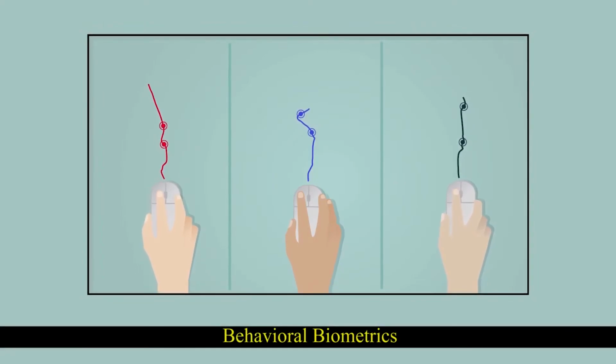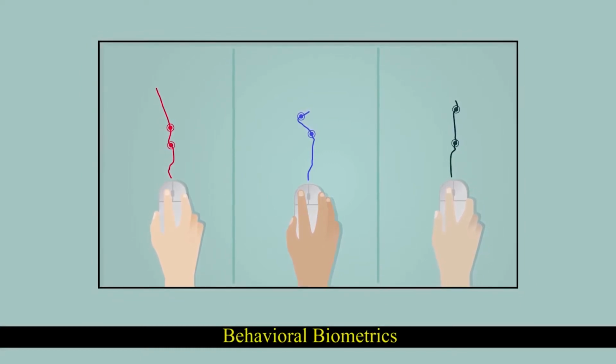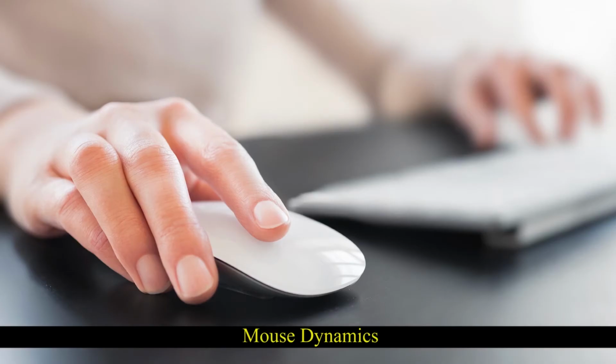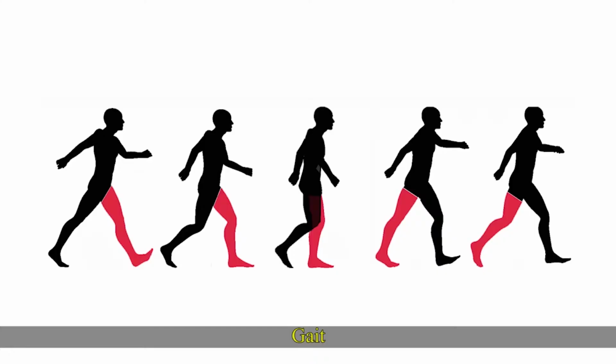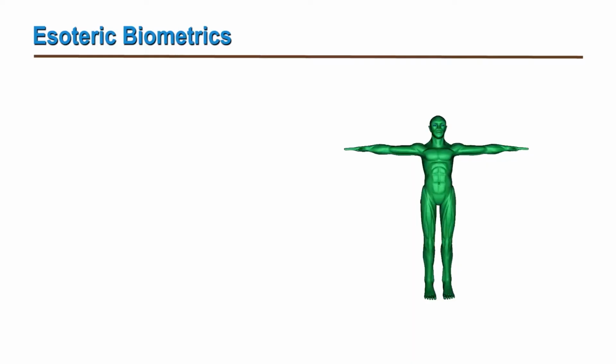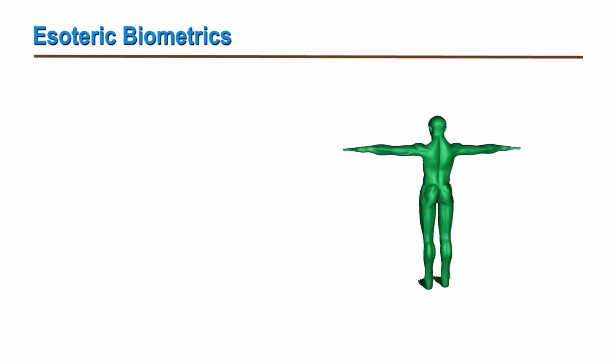Whereas behavioral biometrics shows how the person is using the body for authentication. Examples are keystroke dynamics, mouse dynamics, signature, gait, voice. These are all some of the behavioral biometrics. There is another type called esoteric biometrics, which is another class of biometrics.